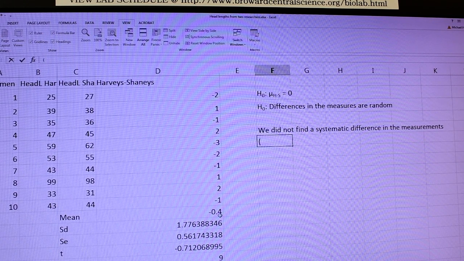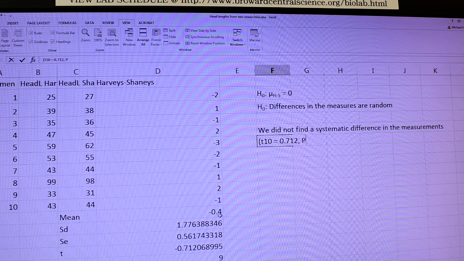As always, we would want to put our statistics. So here we would have t with subscript 10, for the sample size, equals, remember, don't put a negative score there, 0.712.